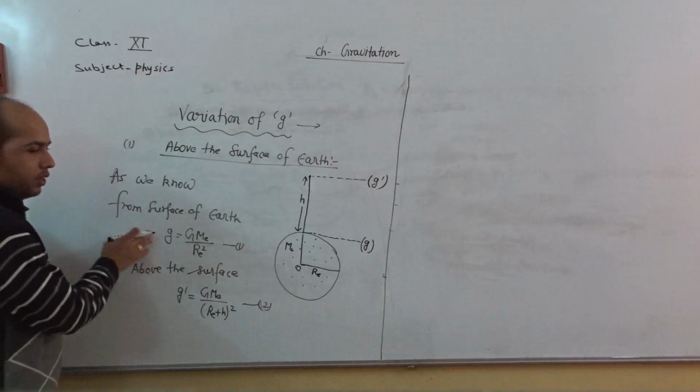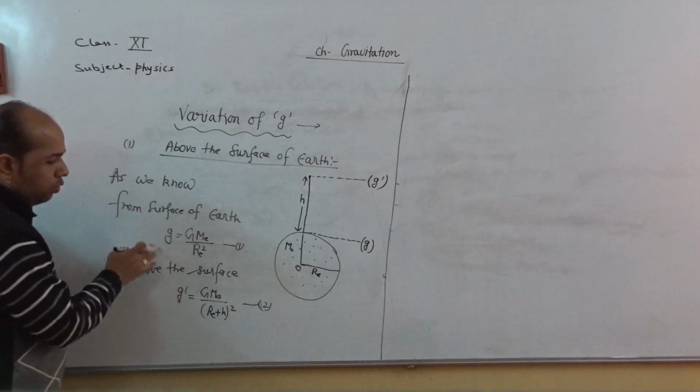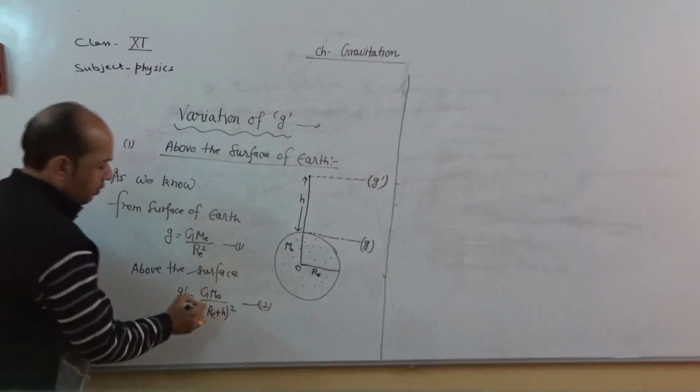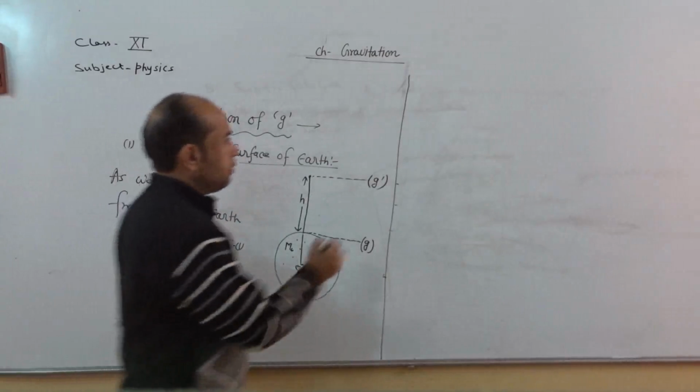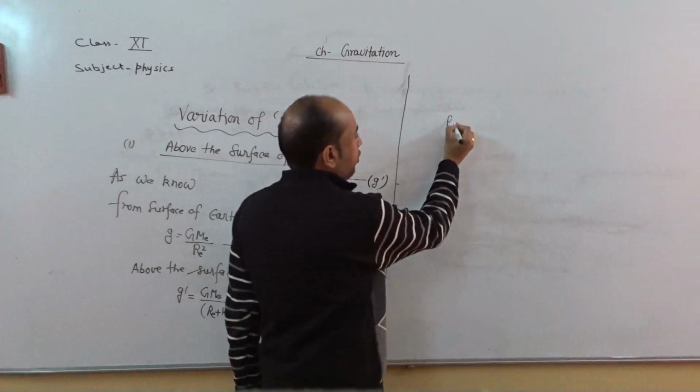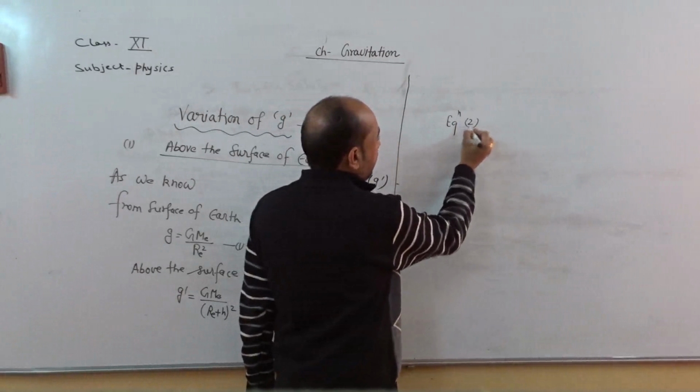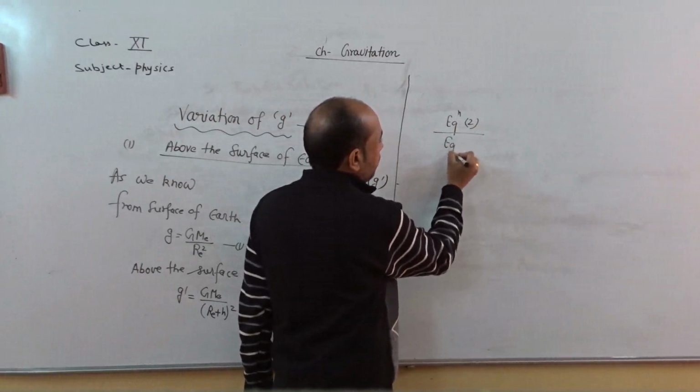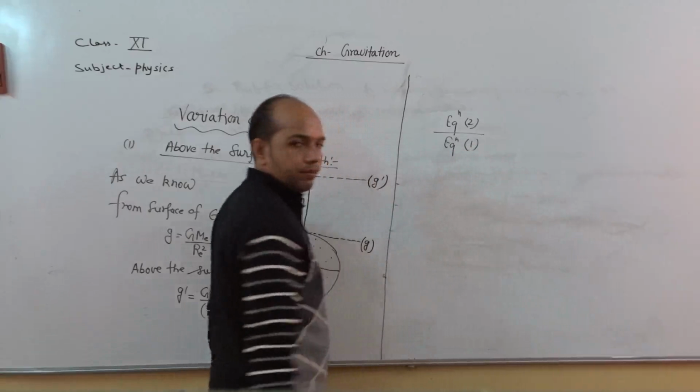Now we have two equations, and with the help of these two equations we have to find the value of g dash. For this we divide equation second by equation first.